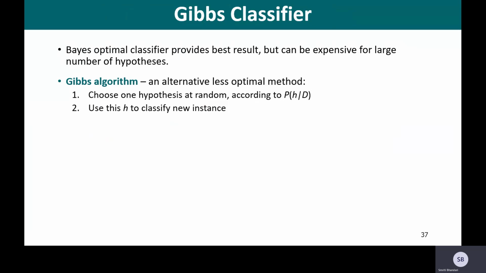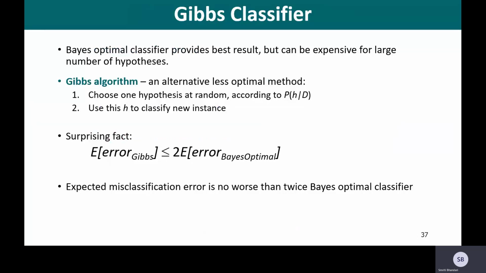So simply we are randomly picking up the hypothesis, and then we are making use of this hypothesis to classify the new instance. And the surprising fact that we can observe is the error obtained by Gibbs algorithm is no worse than twice the error that we get by making use of Bayes optimal classifier. So please see this.